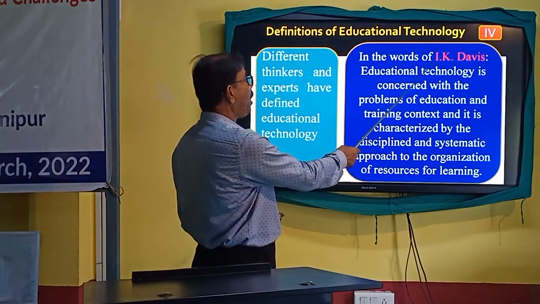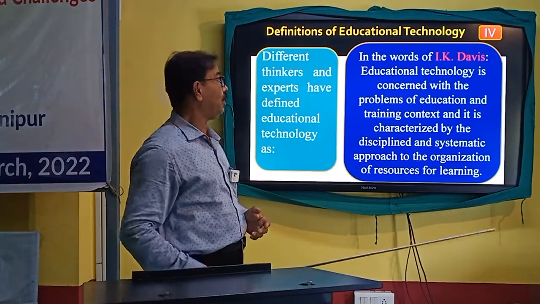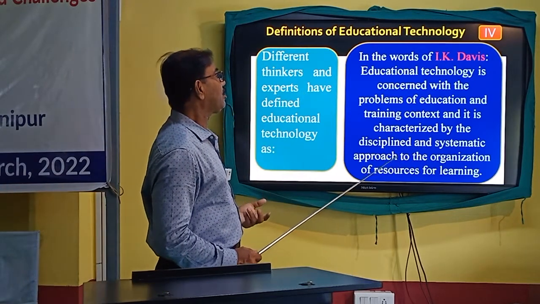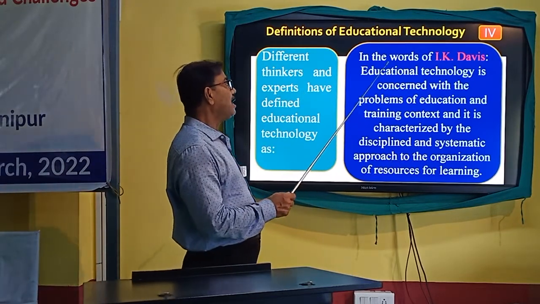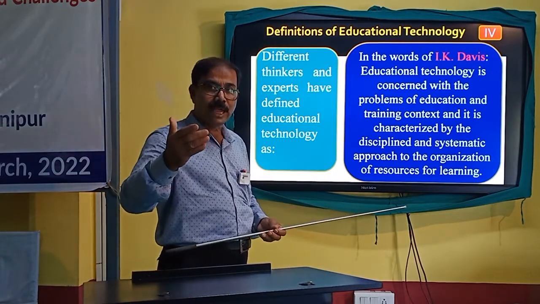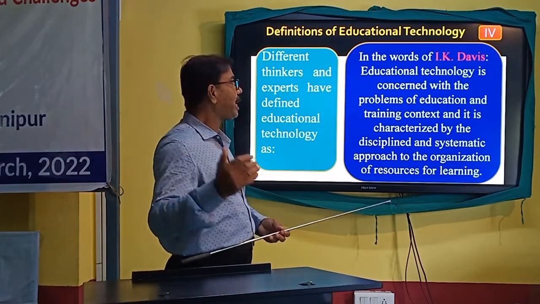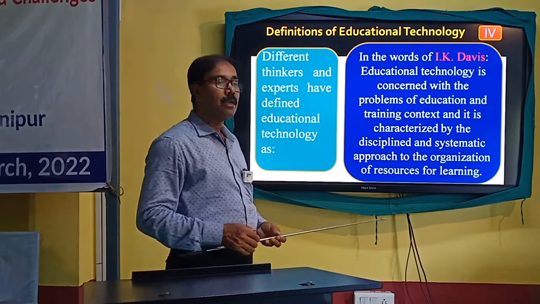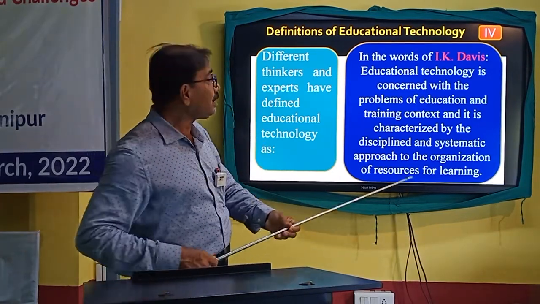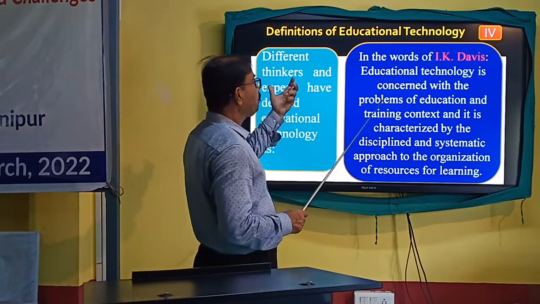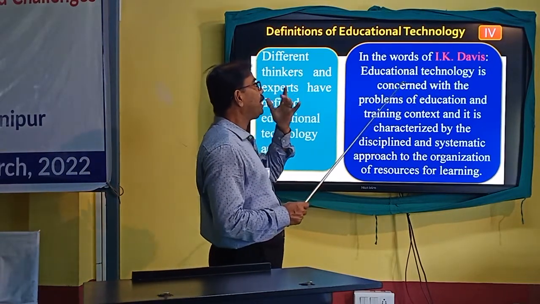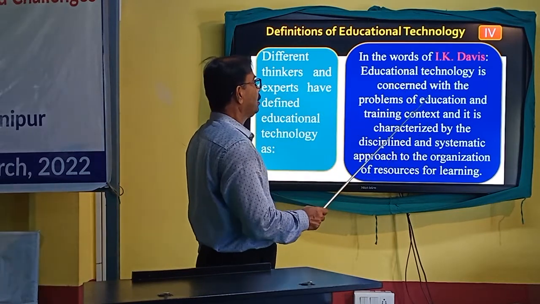In the words of I.K. Davis, as for example, Davis defined educational technology in this way, and for the clarification of your idea relating to the concept of educational technology, let us study these definitions forwarded by I.K. Davis.